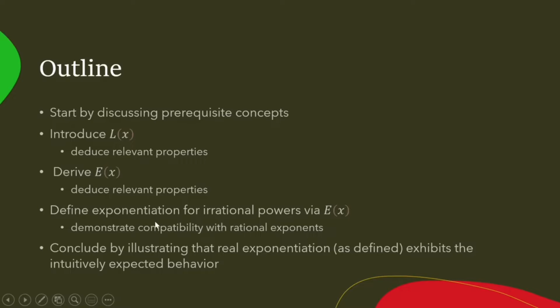And so we'll see that, and then we'll finally conclude by illustrating that real exponentiation, which will be the combination of both the rationals and the irrationals into one general definition, as it's been defined in this video, exhibits the expected behavior that we want in order to be able to deduce all sorts of the algebraic properties that we're used to in terms of exponents. So this is the plan that we have for this video, so let's get started with the content now.